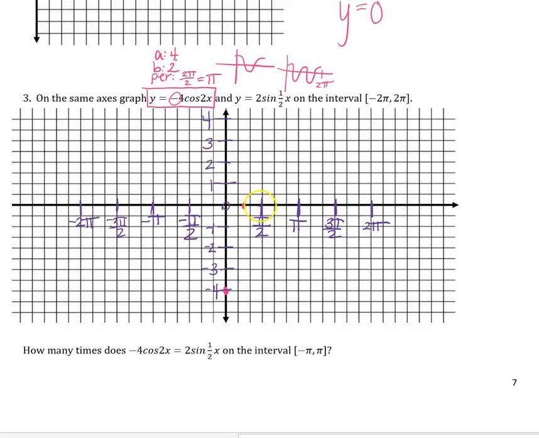Okay, at pi over 2 now, I'm going to be at 4. Come back down halfway between pi over 2 and pi, and finish down here at -4 at pi. So I'm just going to sketch one curve so far.